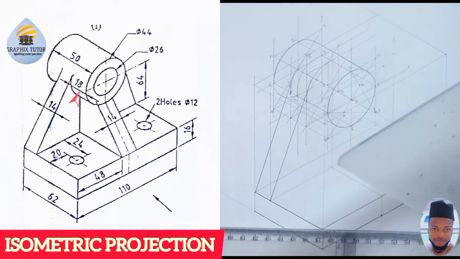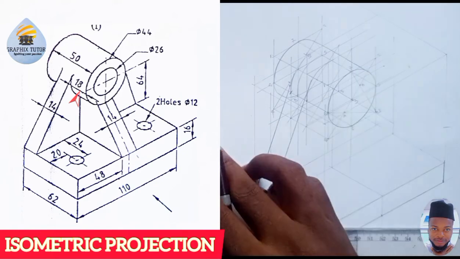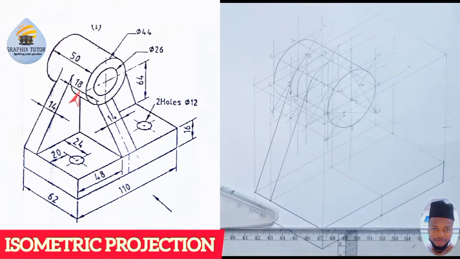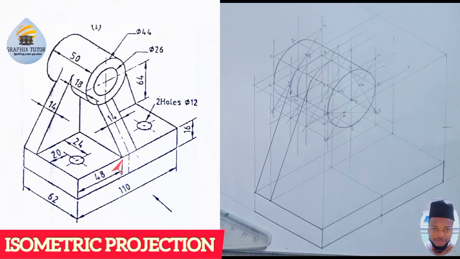Hope you can see that. Then I can now take my instrument from what I have here, where it meets this line here. You know, this is giving us also 14. So I'll measure 7 to both sides with my instrument here.